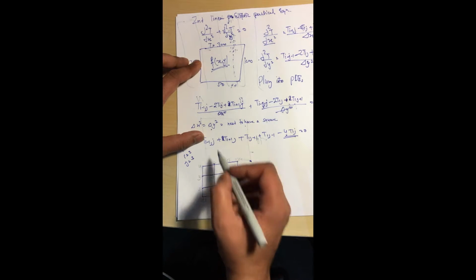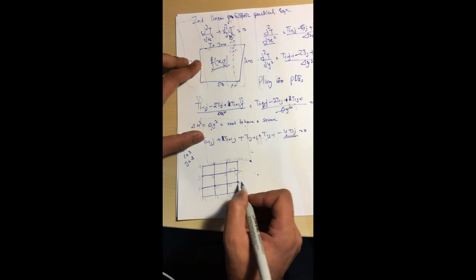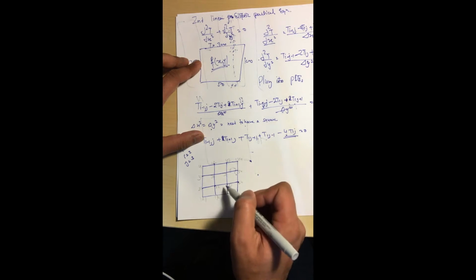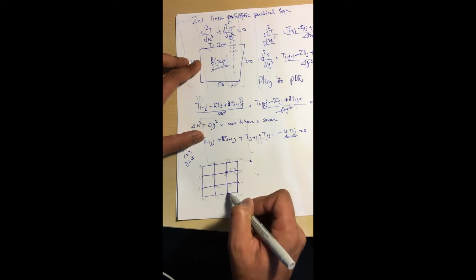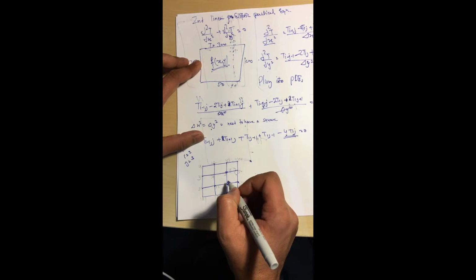So this temperature will be at this point and this will be at this point. These are our changes in the y direction. So this temperature will be at this point, and this is our actual function.